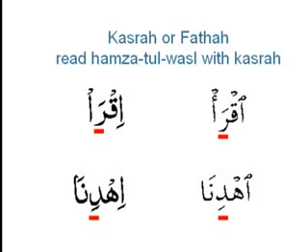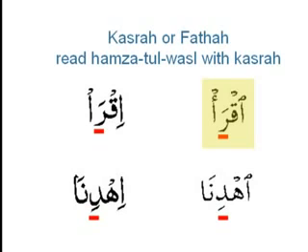So the first rule is, if that third letter has a kasra or fatha, we're going to read the Hamzatul Wasl as if it's carrying a kasra. So let's take the first example, Iqra. The ra has fatha, it's the third letter. The one before it will always be sakin.